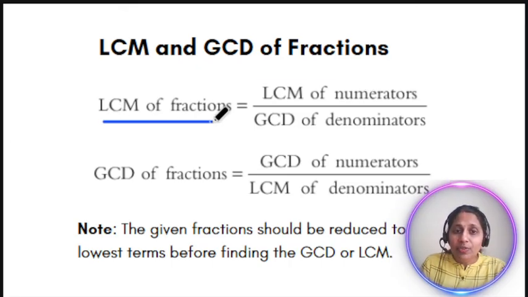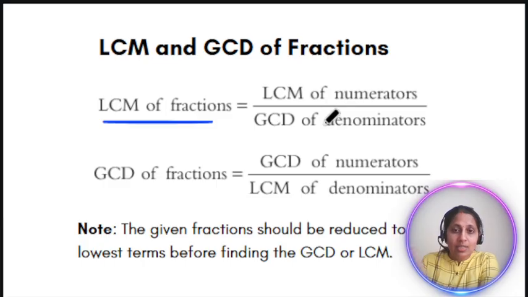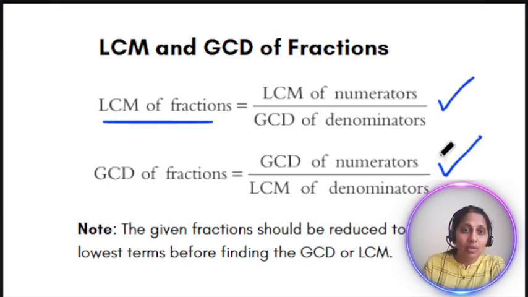The LCM of the fractions is nothing but the LCM of all the numerators divided by the HCF of your denominators. Or if they ask you the GCD or the HCF of the fractions, you have to take the HCF first, the GCD of the numerators divided by the LCM of the denominators. Using these two patterns or formulas, you can find the LCM and GCD of any fraction.